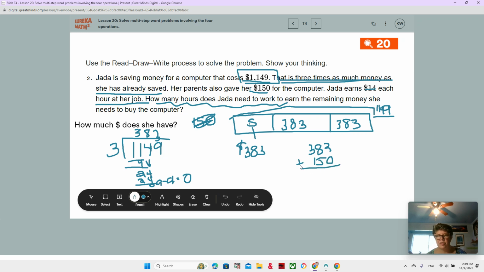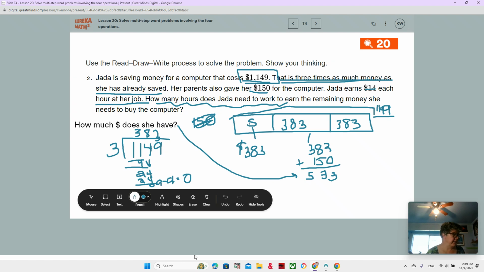That doesn't count as what she has saved because her parents gave it to her, right? 8 plus 5 is 13. 3 plus 2 is 5. So that's $533 that she now has altogether. So how much does she have? She has $533. Now we need to figure out how much she needs.